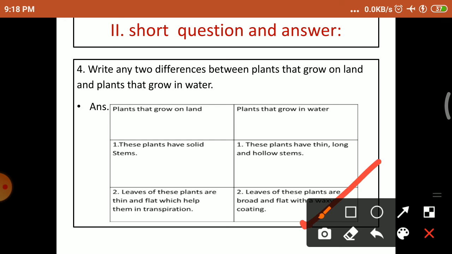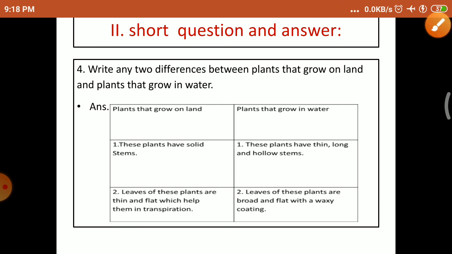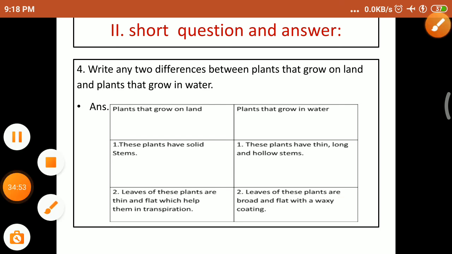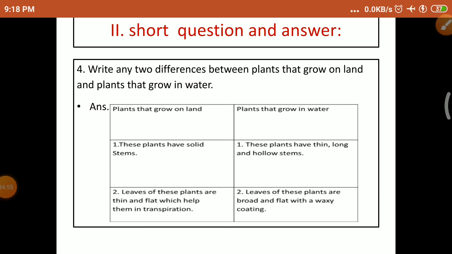What about the plants that grow in water? Those plants also have broad leaves with a waxy coating. Why do they have the waxy coating? Because it prevents rottenness. So these are the differences between plants that grow on land and in water.